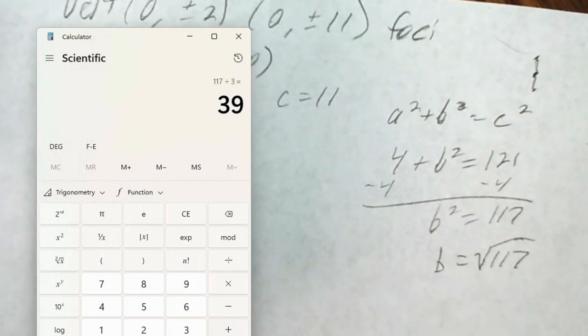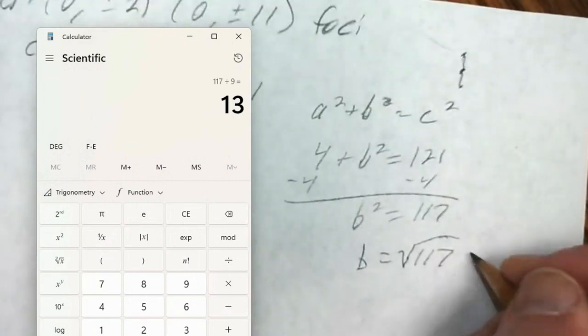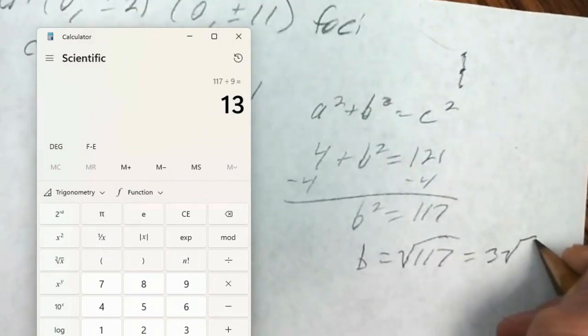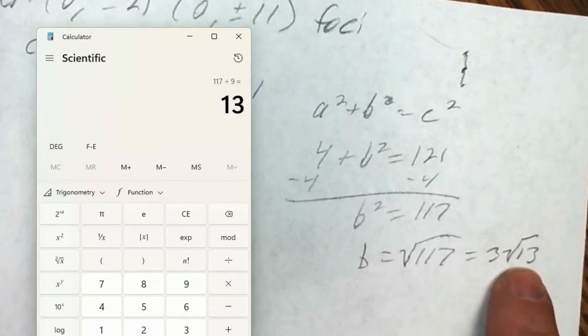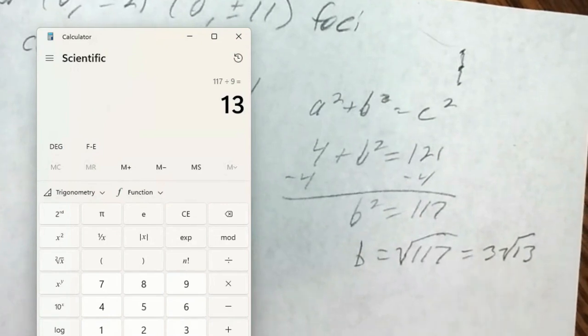That means it's 3 times 13. I'm sorry, 117 divided by 9 is 13. So this is the same as 3 square roots of 13, because 9 times 13 is 117. The square root of 9 is 3, so it can come outside. So that is the distance that b is.